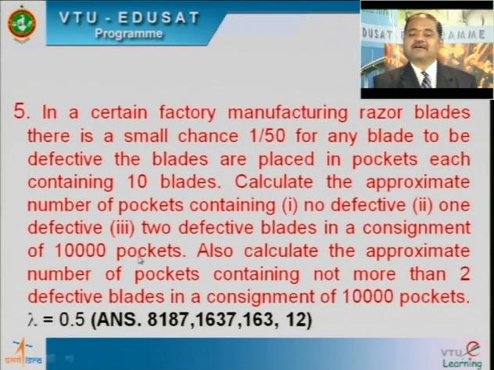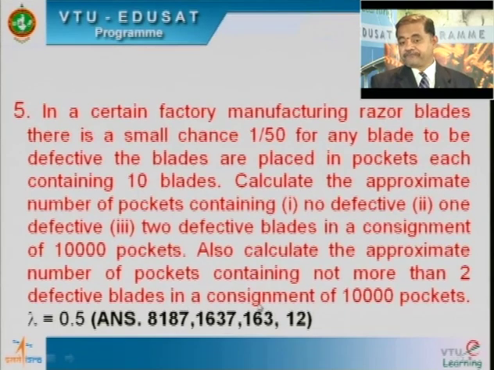The second one is the critical question. Also calculate the approximate number of pockets containing not more than 2 defective blades in a consignment of 10,000. Just to confuse you people, that's all. Here also they have given 10,000, here also they have given 10,000. If they had given the question directly, not more than 2, that is sufficient.